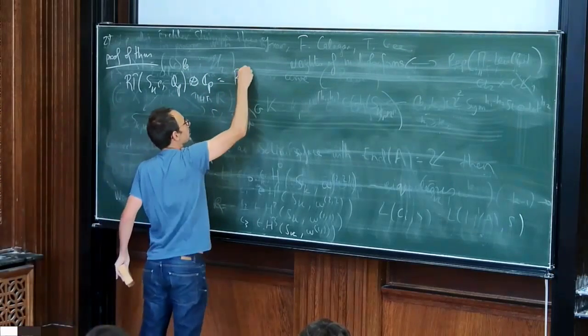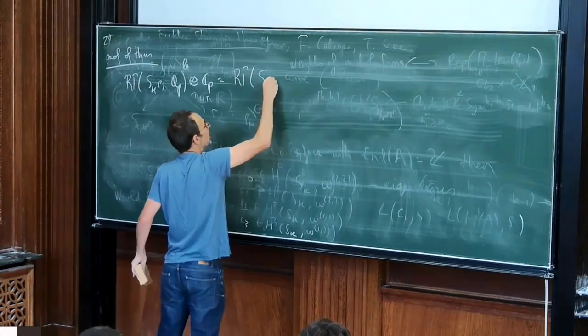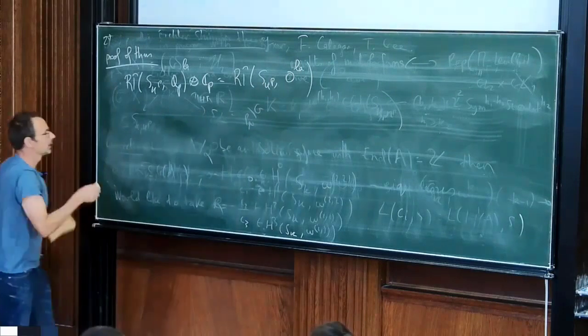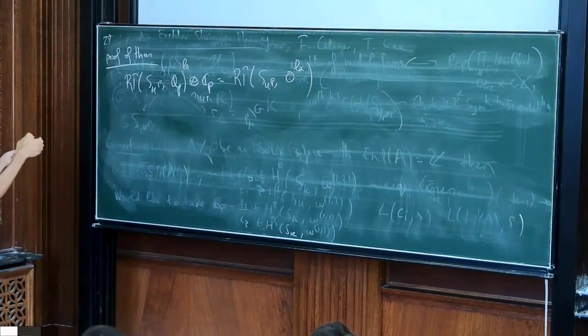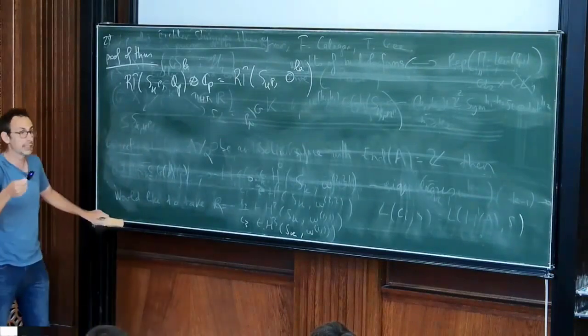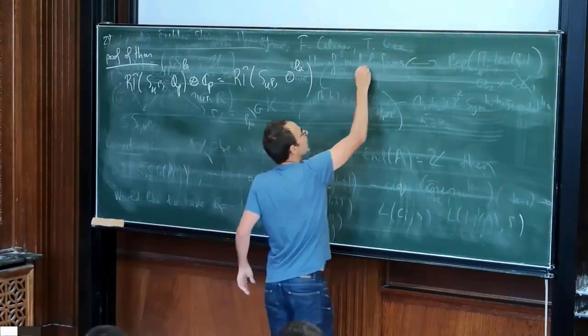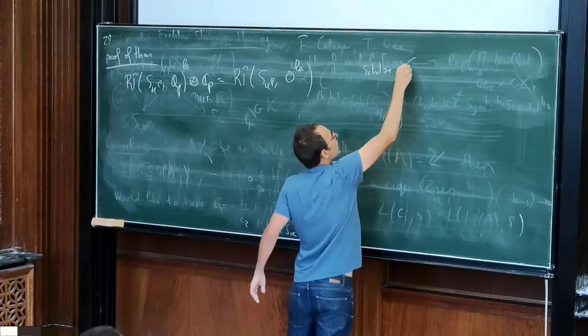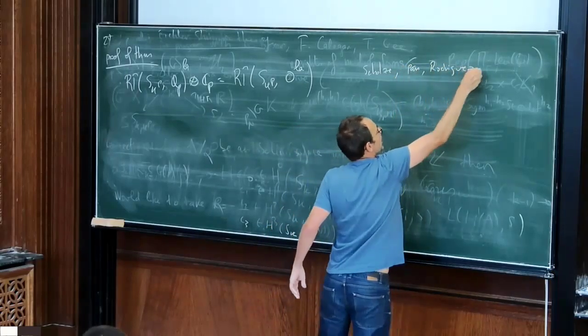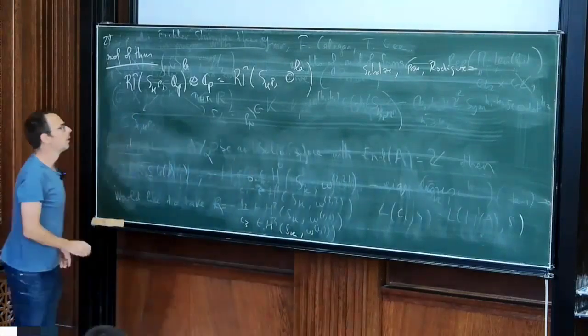This is something we actually already saw in Pan's talk. This is a combination of the primitive comparison theorem of Scholze, and some work of Pan and Rodríguez Camargo on locally analytic vectors. Okay, so that's the first step.